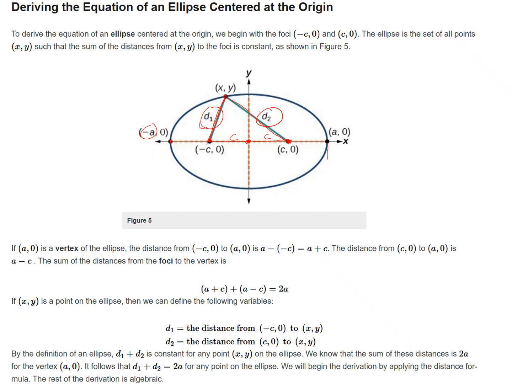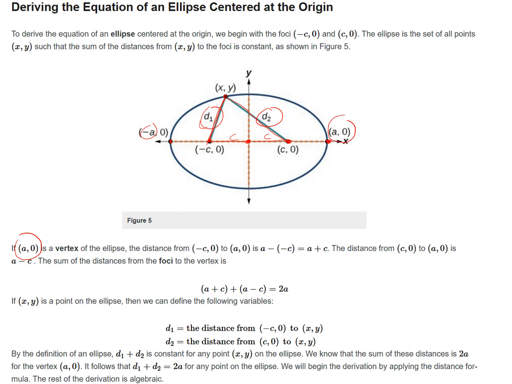So if the coordinates of the vertex on the left are negative a, 0, and the coordinates from the right vertex of the ellipse, we have here the distance. You can take either this one or this one, but here it is indicated that positive a and 0, so we're referring to this vertex.